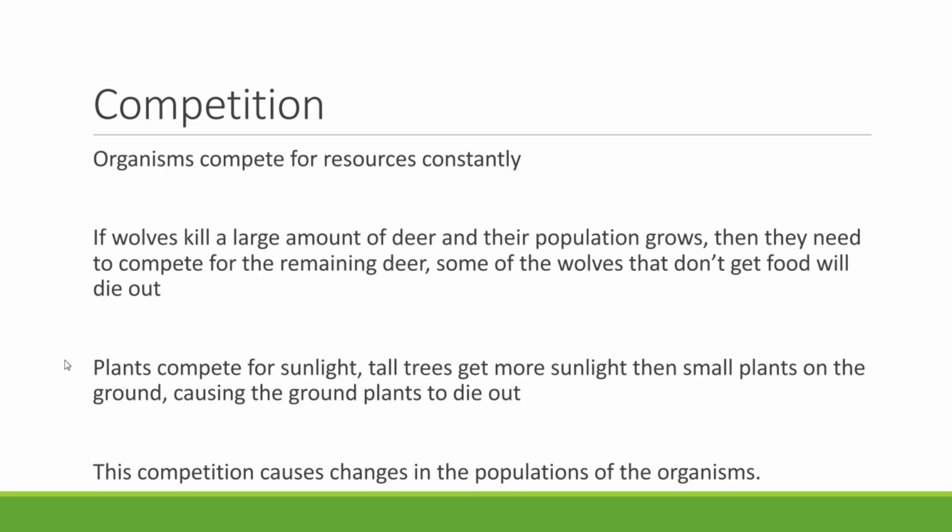If we talk about plants, we can talk about their competition for sunlight. That's why there's always trees that are fighting for dominance in terms of height. A taller tree gets more sunlight because there's less stuff blocking it. And we have adaptations for the smaller plants on the floor of the forest that allows them to adjust accordingly to having less sunlight.